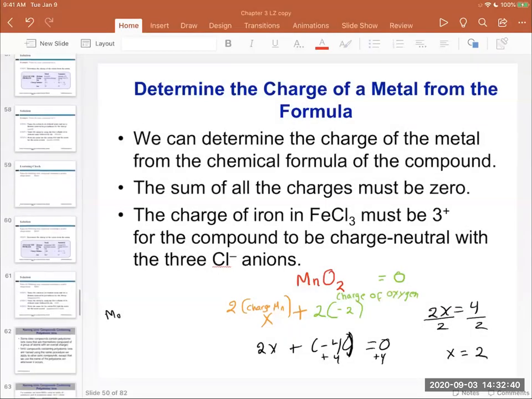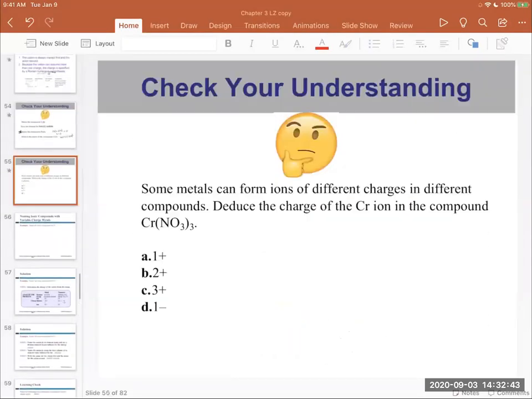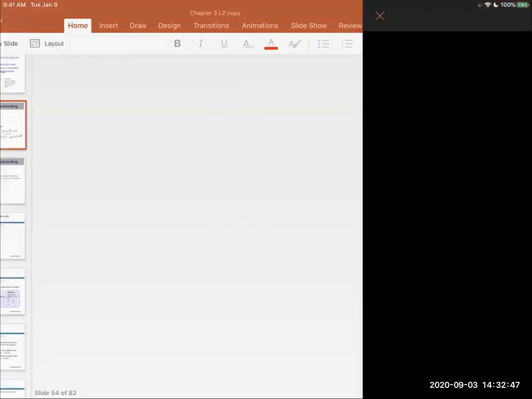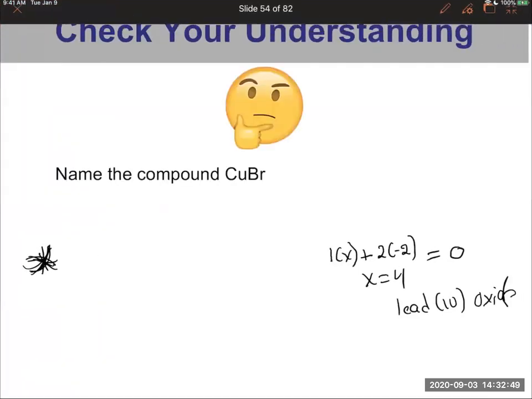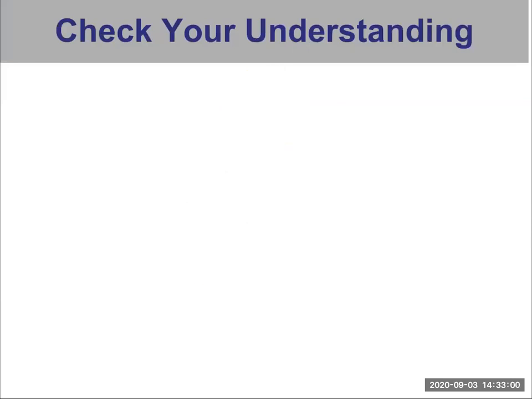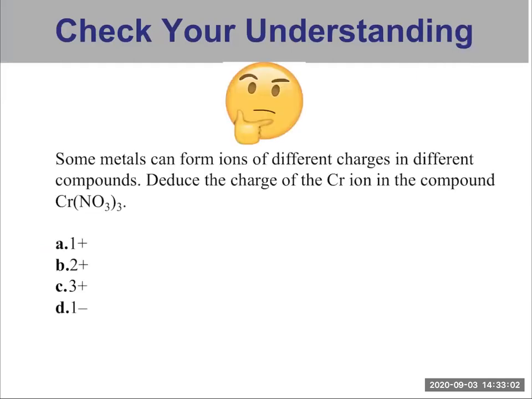So going back to this, see if you guys can name this. I already told you the name of that one, which is lead 4, not lead 2. What is the charge of chromium?